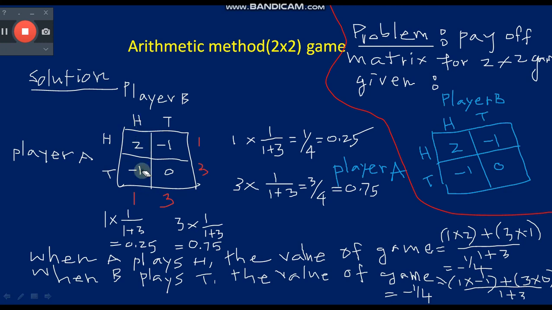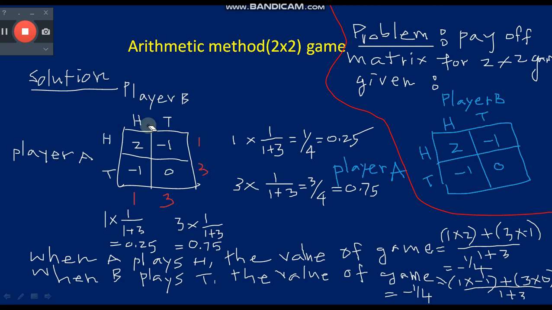Similarly for this column, and similarly for this row also. 2 minus (-1) is 3, which you write here. Similarly -1 minus 0 is -1, so don't take the sign, and you write 1 here. That is the way we write the outside numbers.